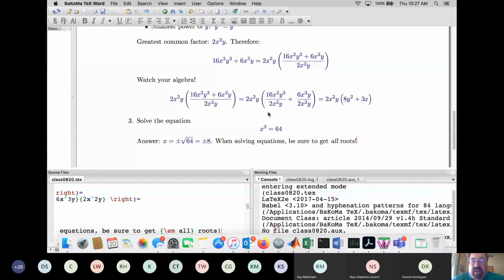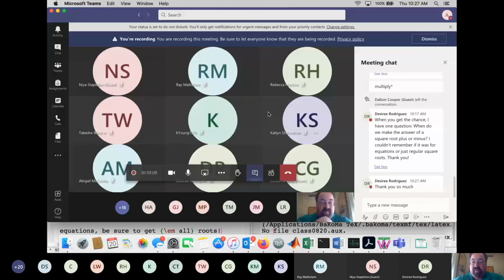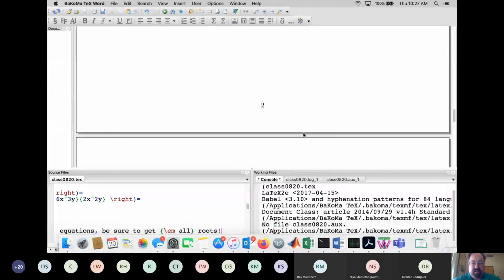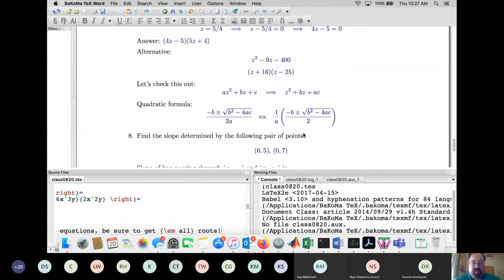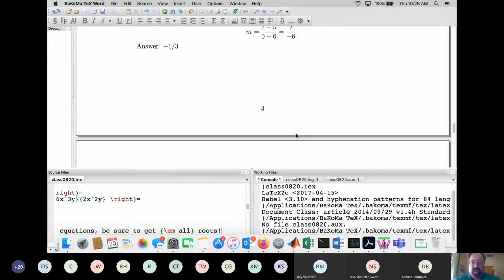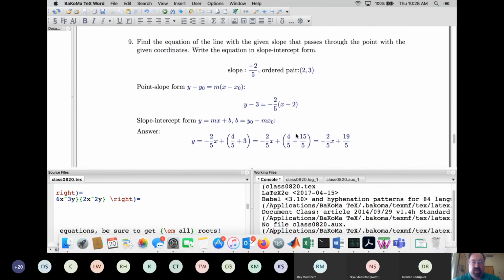Okay, we still have some time. Other questions? Can you scroll back down to the slope one? The slope one? Yeah. Okay, this one or the other one? Slope intercept. Okay. Here we are.